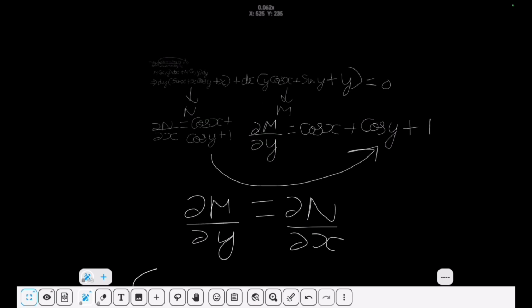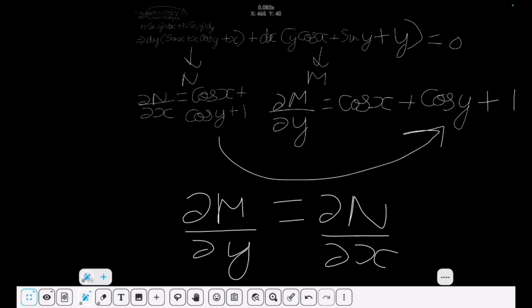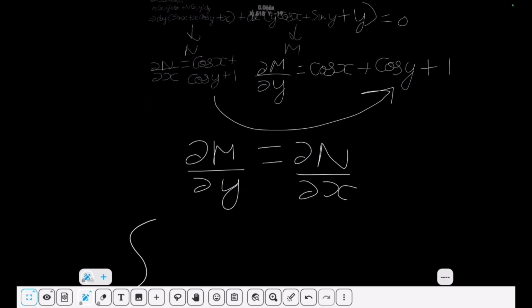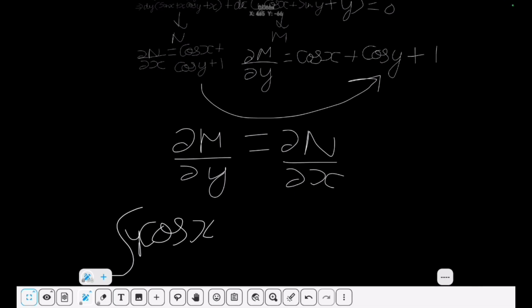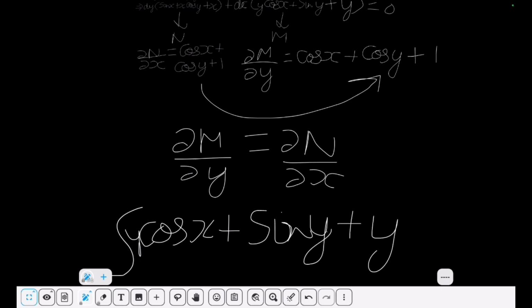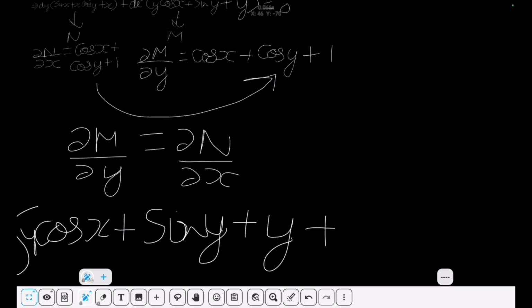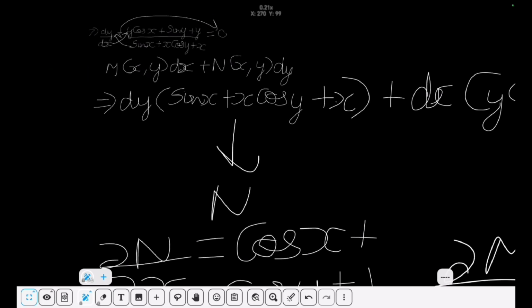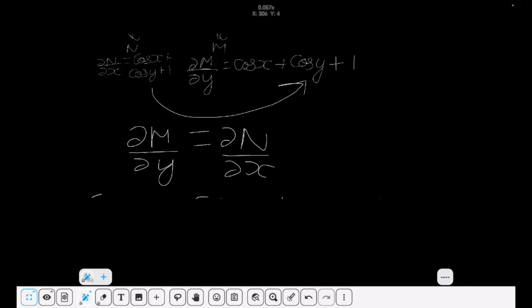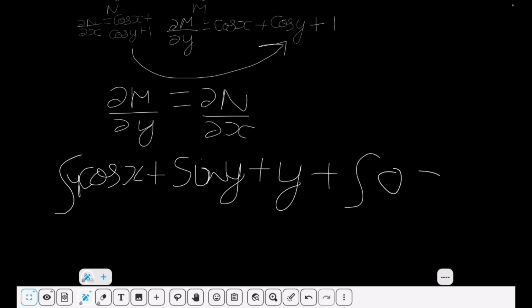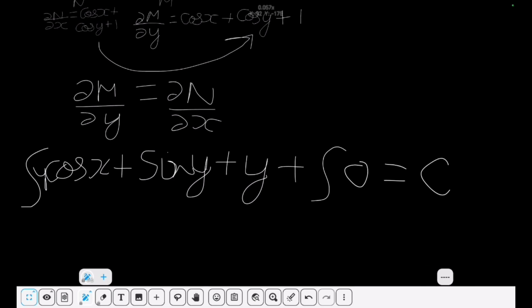Then the solution would be integration of M, which is y cos x plus sin y plus y, plus integration of the constant part of y. We don't have anything, so this will be 0, that equals c.